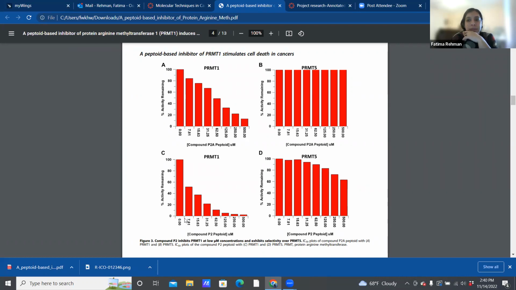Yeah, I was going to say, PRMT5 shows no inhibition, so it shows that P2A is very specific to PRMT1. It's not doing anything to PRMT5. What about P2? Is P2 specific the same way?